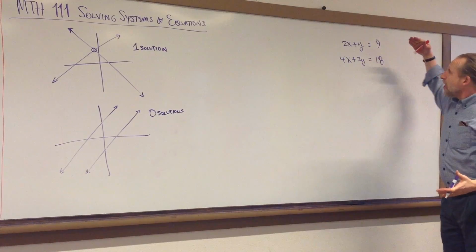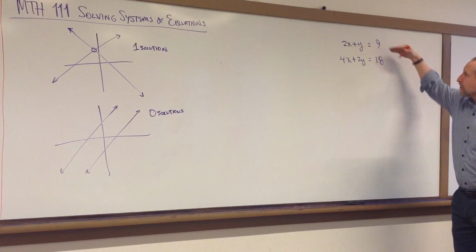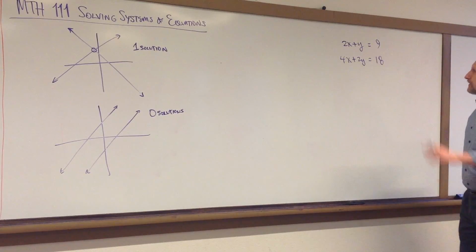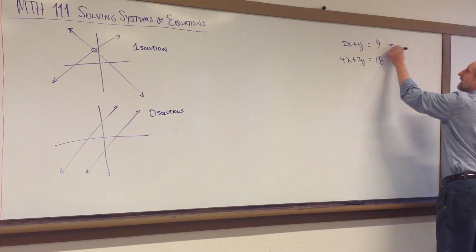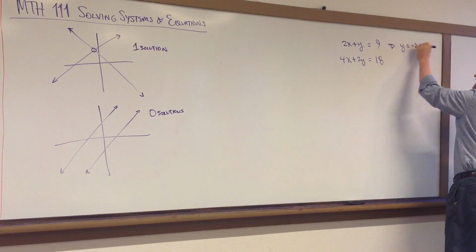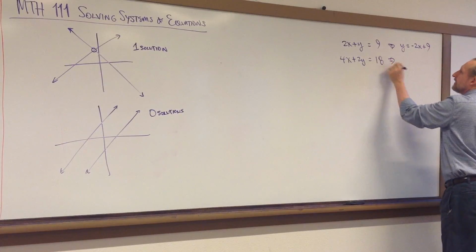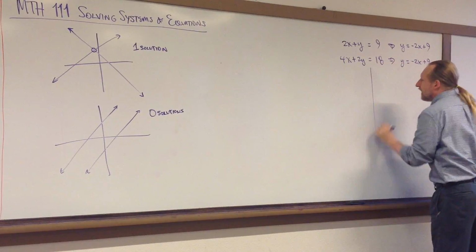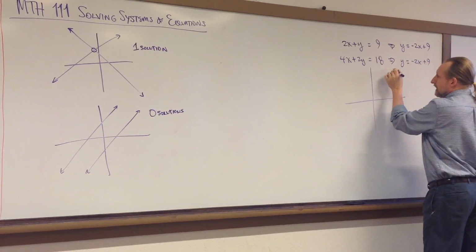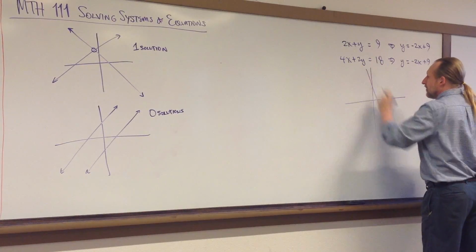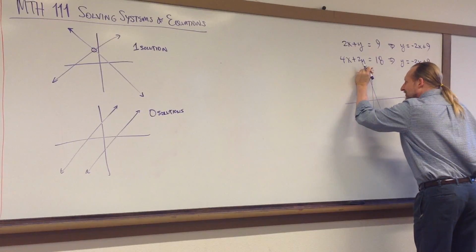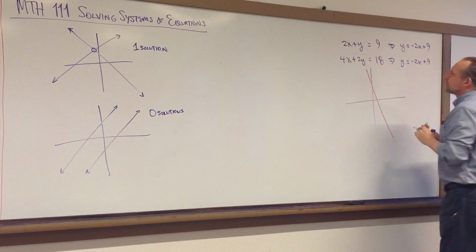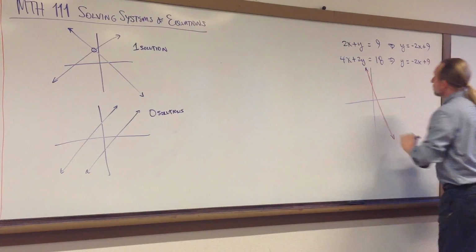All I've done is take the top equation and multiply everything by 2. These are the same equations. If we get y by itself, this will be y is negative 2x plus 9. This one is also y is negative 2x plus 9. So this is the same equation twice, and there are going to be an infinite number of solutions.